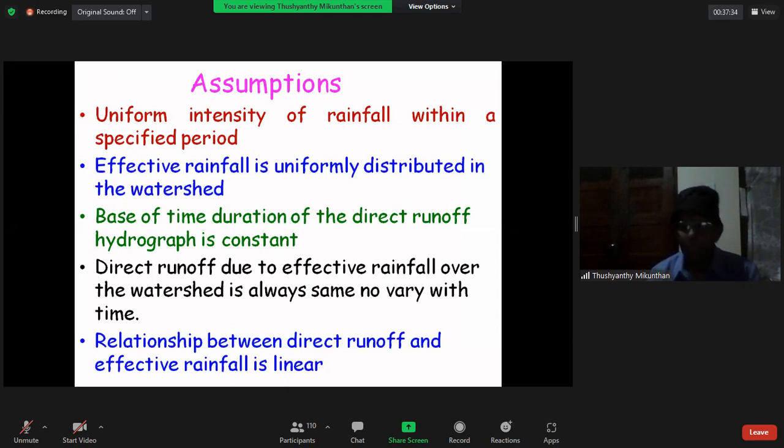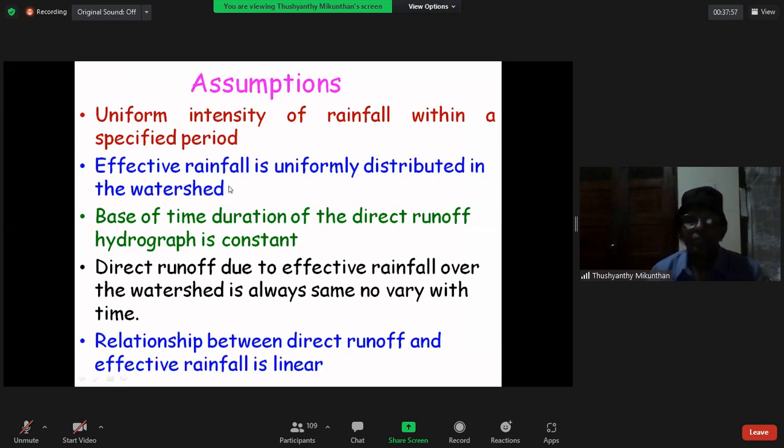Shorter duration is okay. For a longer duration, you can't expect this constant uniform intensity over the catchment. Second one: effective rainfall is uniformly distributed in the watershed.